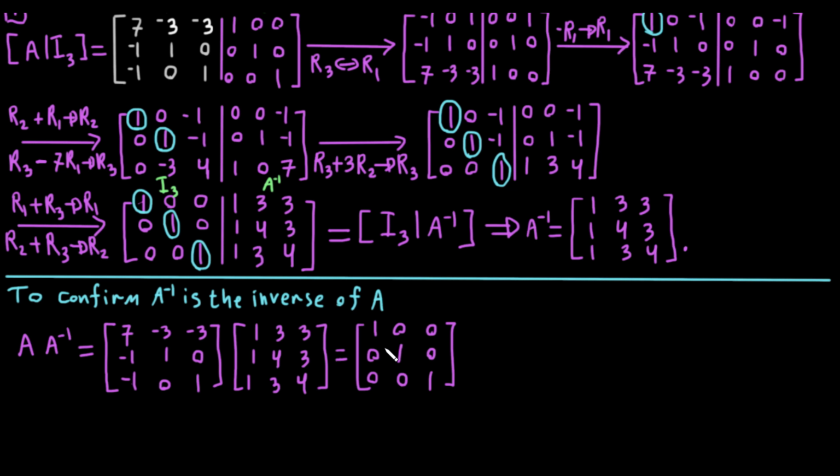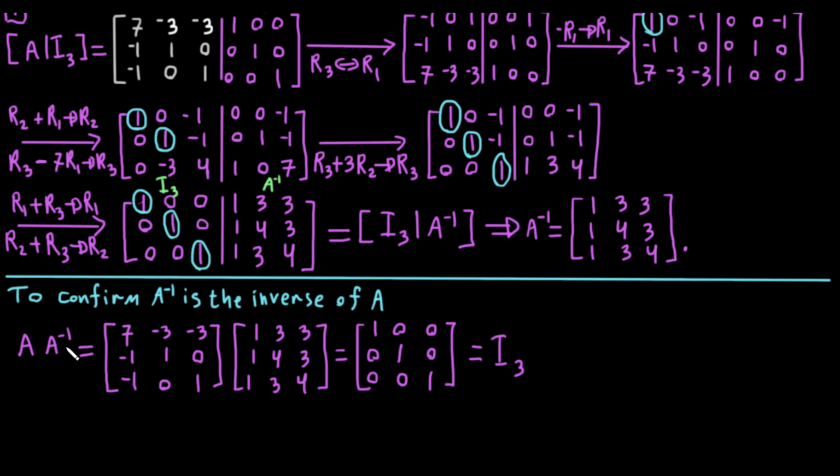So here 1. As you can see here, you have identity here, which is 3 by 3. It's like magic. You multiply these two matrices, you will get the identity matrix. So we confirm that this A inverse is indeed the inverse of A, because when we multiply them together, we get the identity matrix.